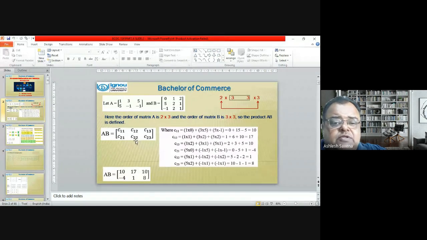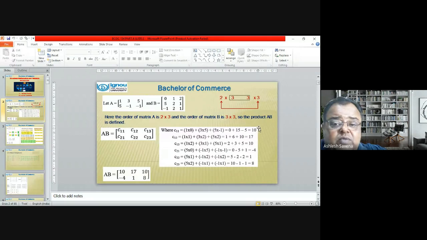Okay, then comes your C22, from this row and this column: 5 into 1 plus minus 1 into 2 plus minus 1 into 2. You can see over here. Then comes C23: 5 into 2 plus minus 1 into 1 plus minus 1 into 1. You can see over here.